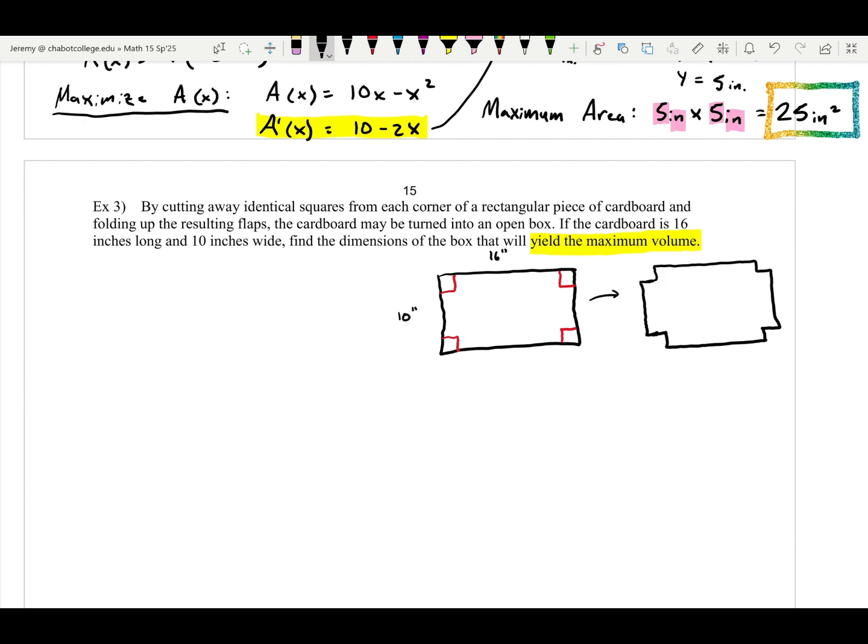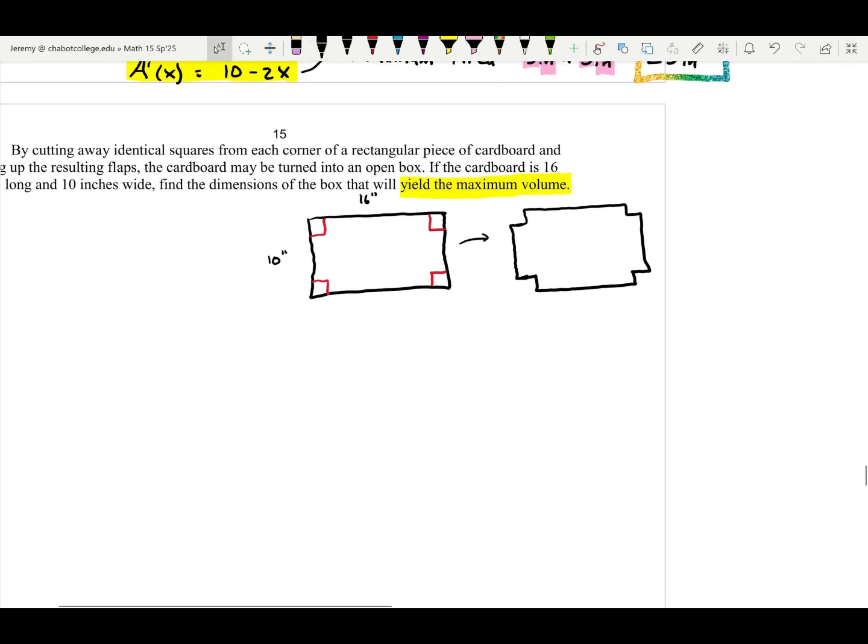Okay, just doing my best to draw it out here. And then we want to fold up these resulting flaps. So you can imagine making a crease right here, crease right here. And then we fold up each of those flaps and we get an open top box that looks like this.